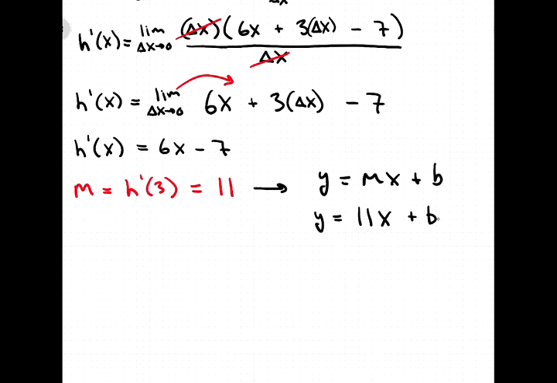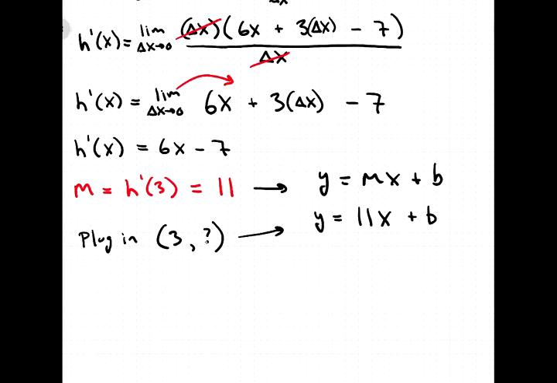So, question, what is the point? What is the xy point that we could plug in? Well, we know the x value is 3. So at this point, we could plug in the point 3 comma something into our equation of the tangent line.